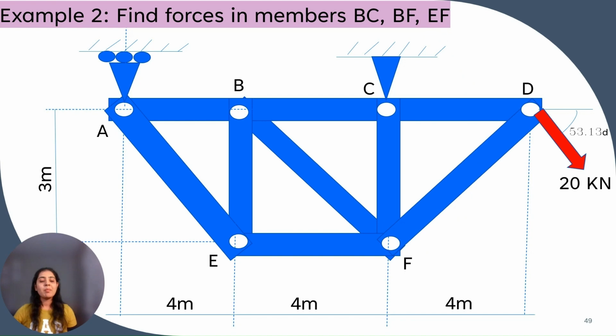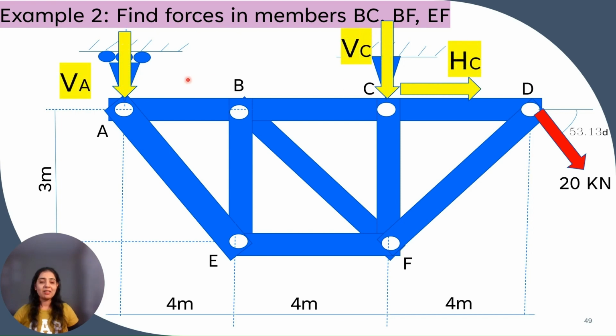First step in solving any problem is drawing the structure FBD. So structure FBD means removing the supports and then showing the reactions offered by those supports. So here it will be like this.